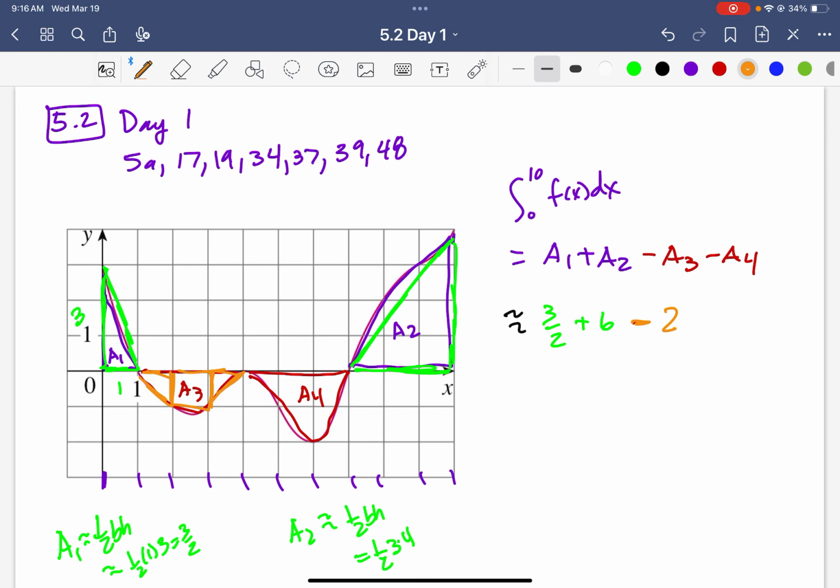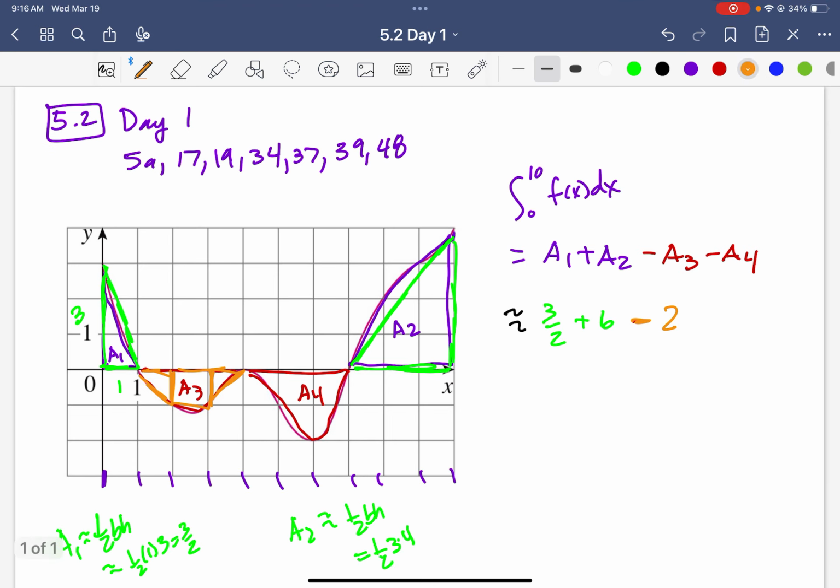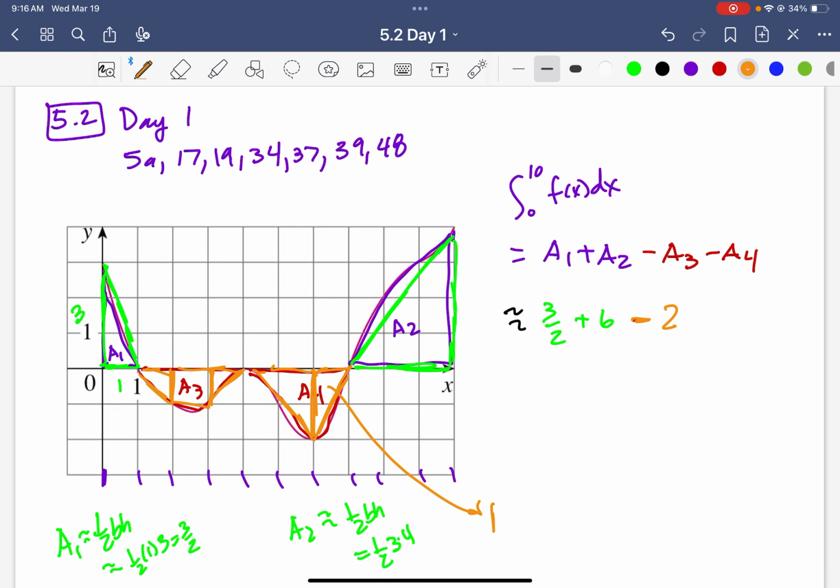But then if we look at A sub 4, I see one triangle and another triangle. This first triangle piece over here looks like it's half of 2, so that's about 1. And this triangle looks like it's about a half of 4, so it's 2.